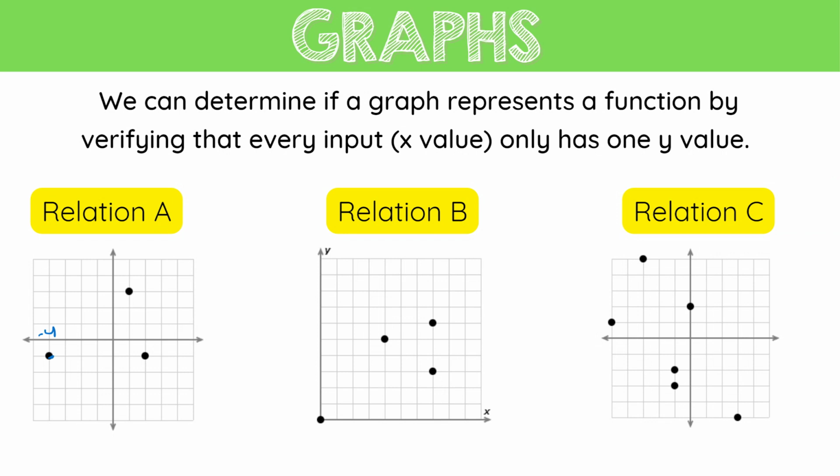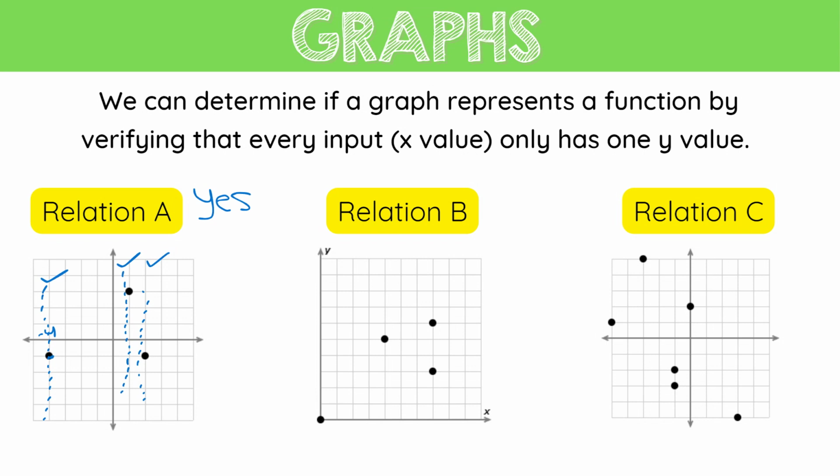We just want to make sure that there are no other dots in this column where x is negative 4. Then we're going to do that for every other point. We're going to imagine a line and make sure that there's only one dot on that line. So this one worked out, this one worked out, and then this one, our line also shows that it's the only dot there. So this is a function.